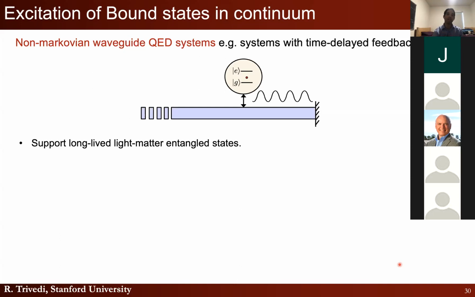Of course, in practice, you have absorption losses or some transmission losses in your mirror, and that is going to limit the lifetime of the system. But the lifetime is going to be much, much larger than the lifetime of the two-level atom. So you could perform information processing tasks on two-level atoms much faster than the leakage of this bound state.